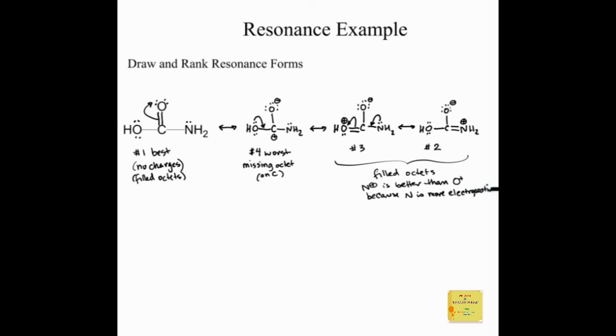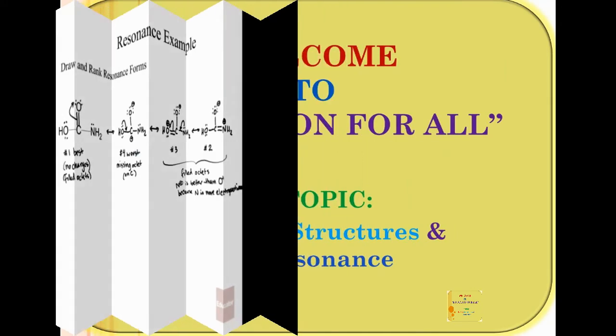Or you could say that nitrogen is less electronegative. That says the same thing. So in a case like this, we want to look for the differences in our Lewis structures, always looking for filled octets first, and then finding formal charges and trying to locate them on the best atom, depending on whether we're looking at a positive charge or a negative charge. So this concludes drawing Lewis structures and ranking resonance forms.